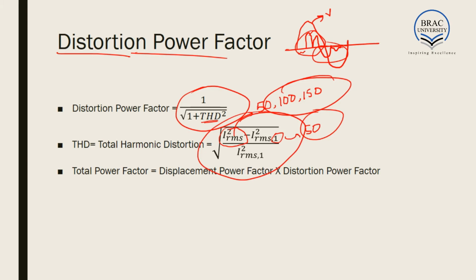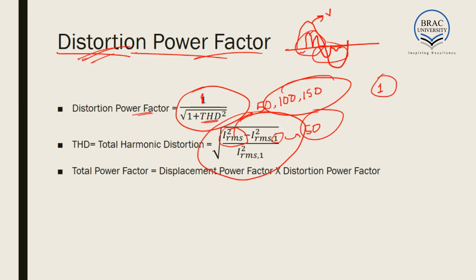Now, what do we want? We want our current to have just one frequency, because the other harmonics are creating our distortion. So again, distortion power factor is 1 by root over 1 plus THD whole square. We know we want power factor to be 1.